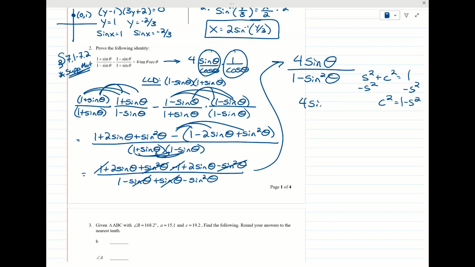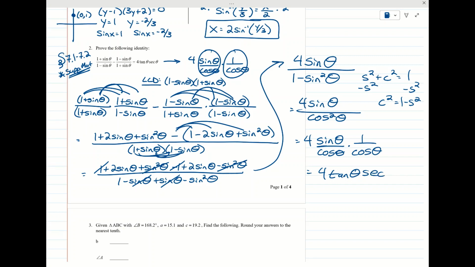So 4 sine theta divided by cosine squared just turns into 4 sine over cosine times 1 over cosine, which is exactly what we wanted: 4 tangent times secant.